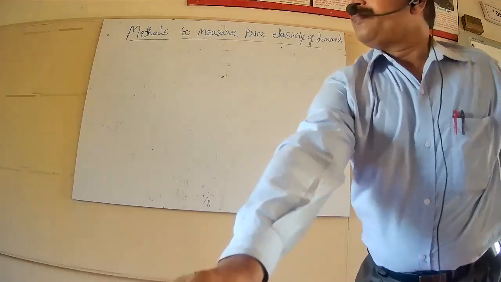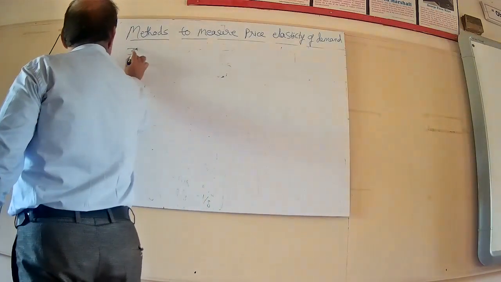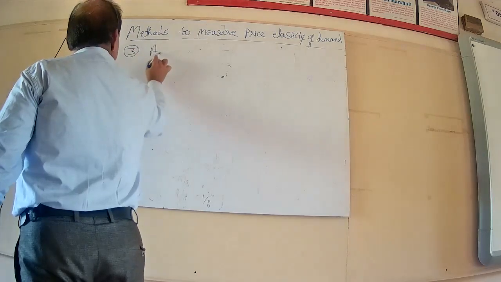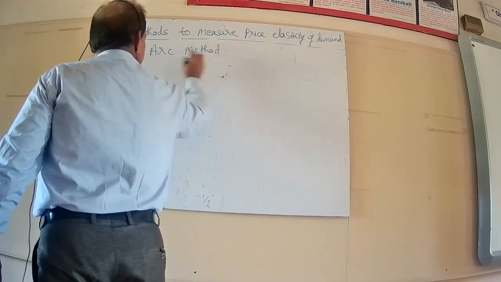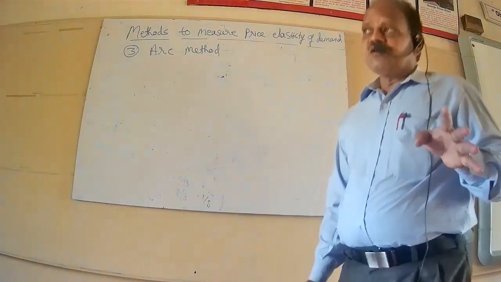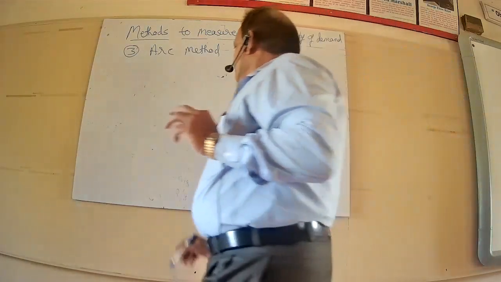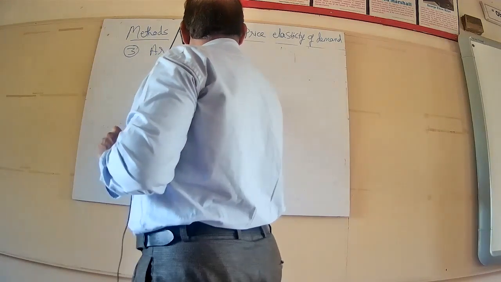Now, let us have the third method, arc method. What do you mean by an arc? Arc means the portion of the curved line. For example, if this is your demand curve, have a portion, say AB.